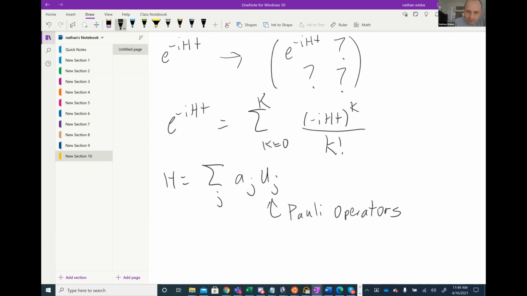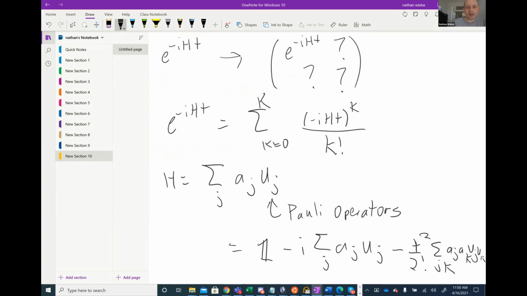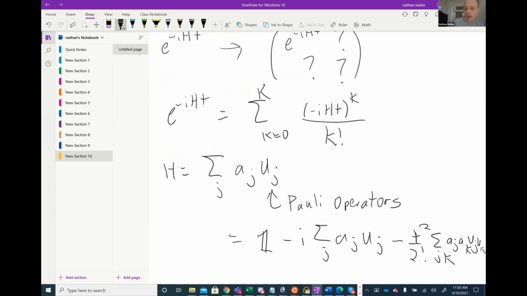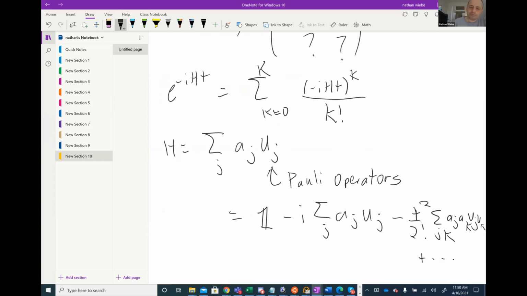And if that's the case, then we can express this sum as identity minus i sum over j, a sub j, uj, minus 1 over 2 factorial, sum over j,k, a sub j, a sub k, uj, uk, and I guess I'll put a t squared out here because I'm running out of space. Okay, and higher order terms.